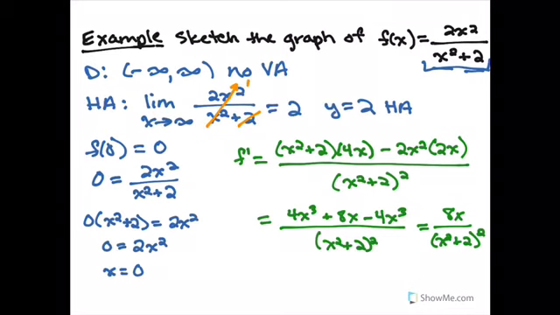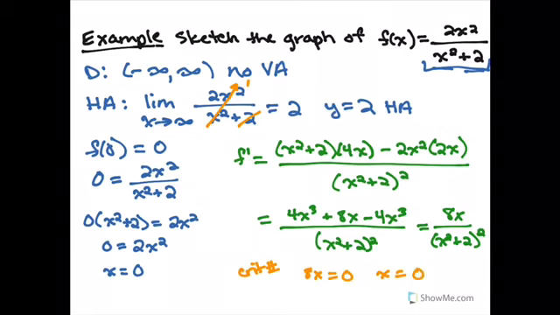So our critical values, our critical numbers occur when either my derivative equals 0 or is undefined. So my first critical number is going to come from setting the numerator equal to 0, which gives me an x value of what? 0. Okay, so we're going to get x equals 0.